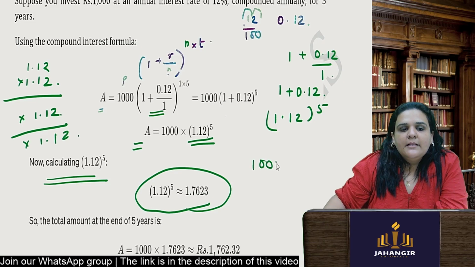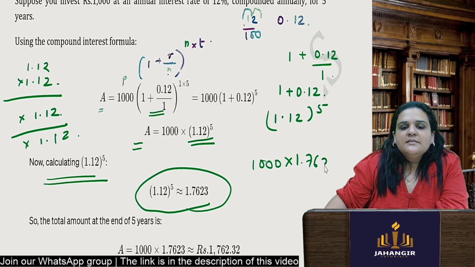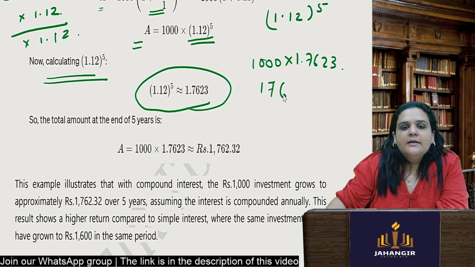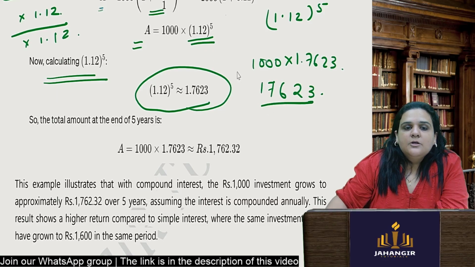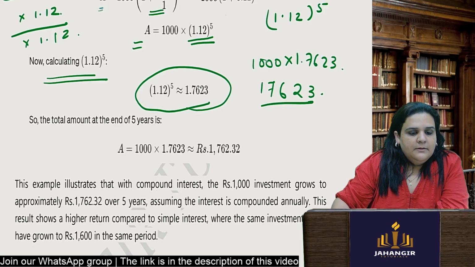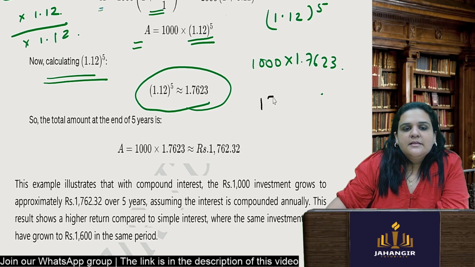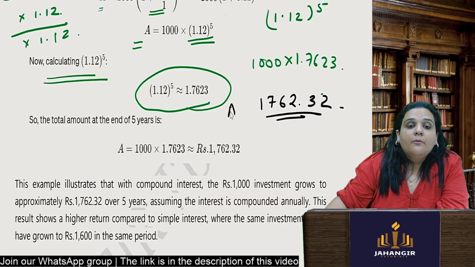So multiply 1000 by 1.7623. So you are going to get 1762.32. This is your accumulated amount after those 5 years.